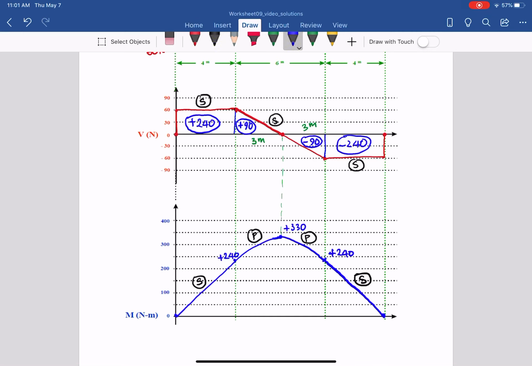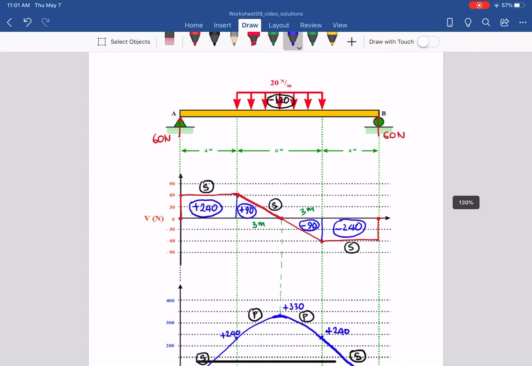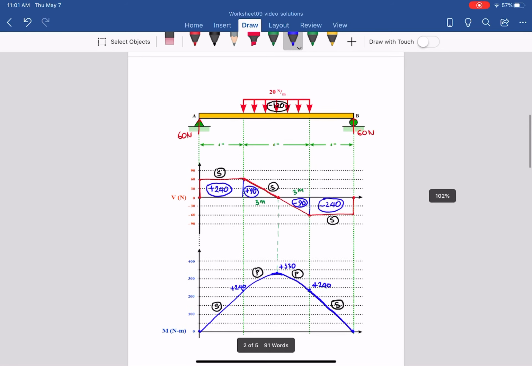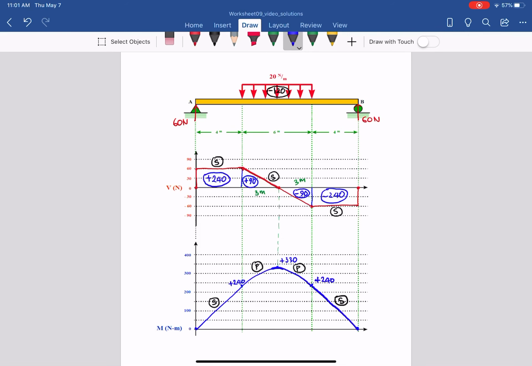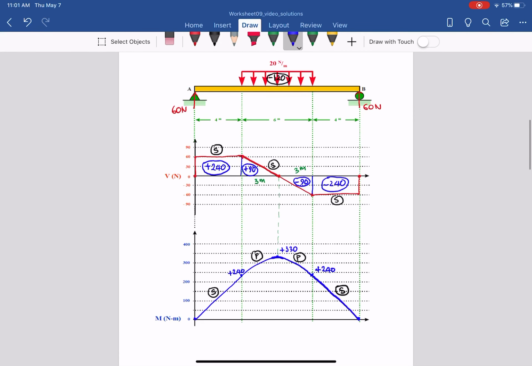That's why the curve here is tangential, horizontal at that point, which makes sense from this diagram. This diagram makes sense because it is all positive moment, because throughout the beam it bends with tension in the bottom and compression in the top. The maximum moment in this beam is 330 Newton meter, and the maximum internal shear is 60 Newton.